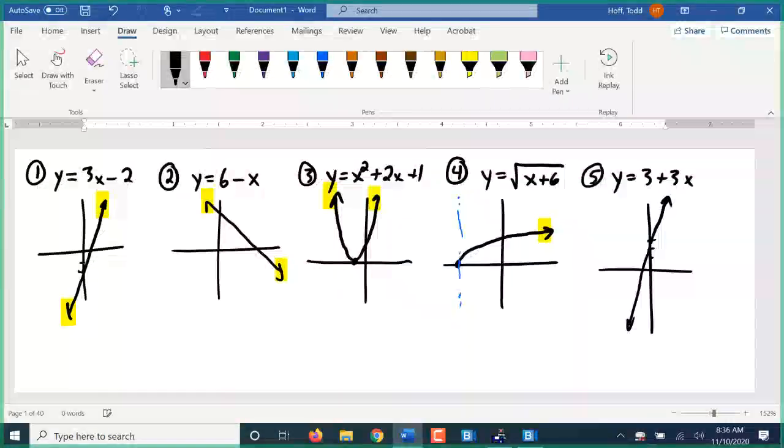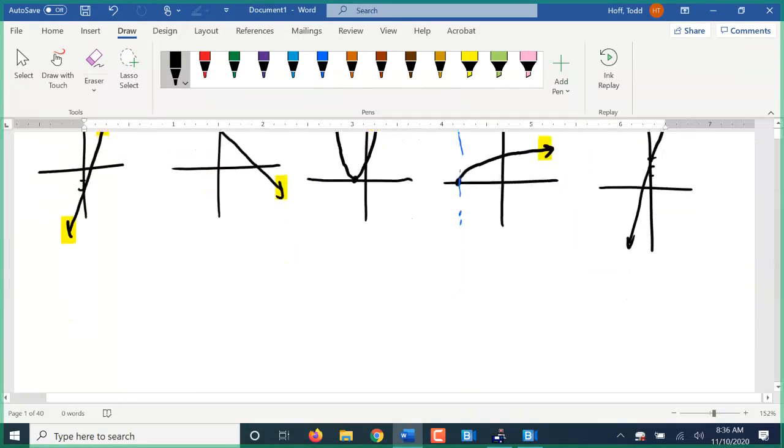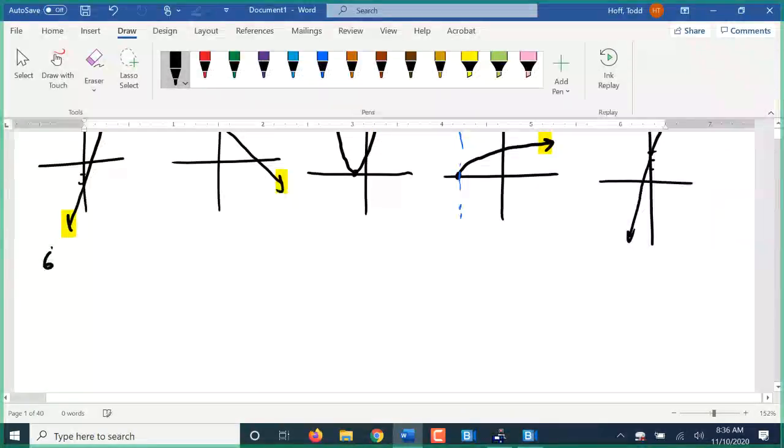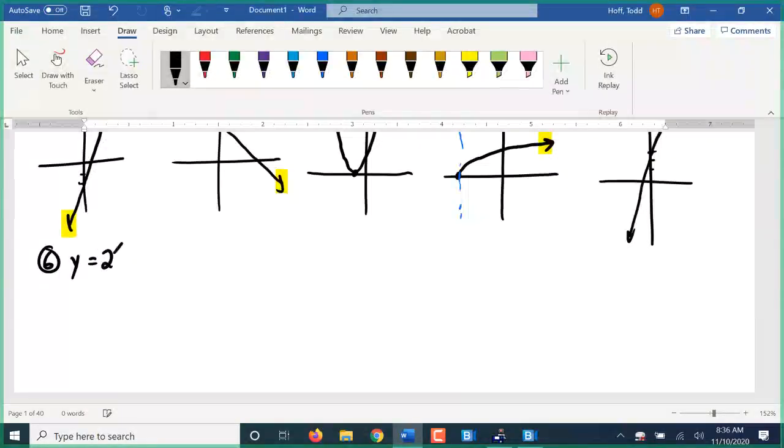So it's back to being a line. Question number 6 was y equals 2 to the power of x. Gives us a curve, something like that.